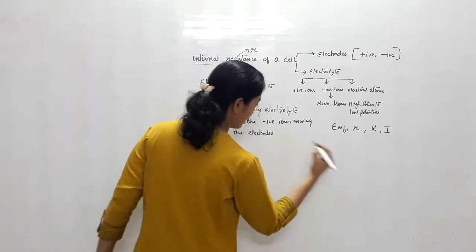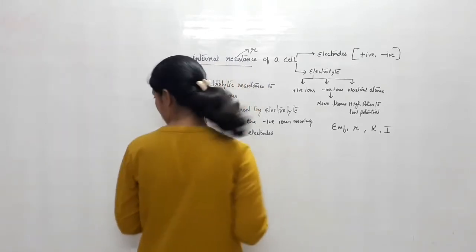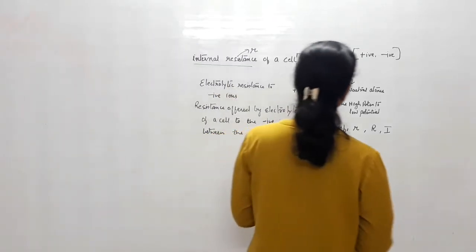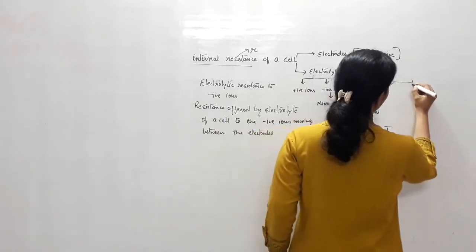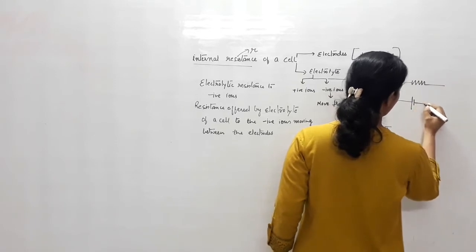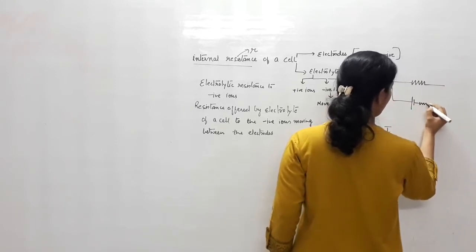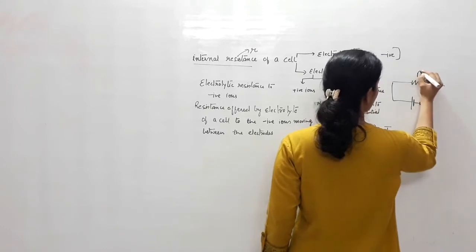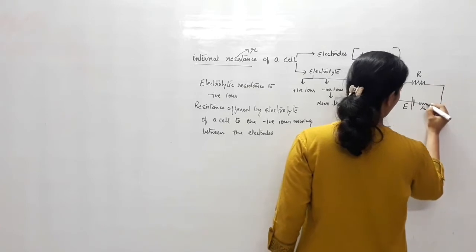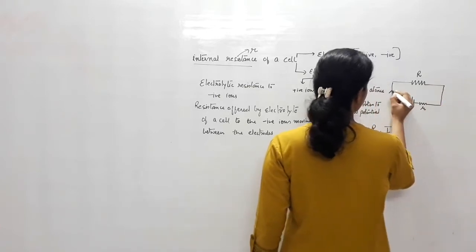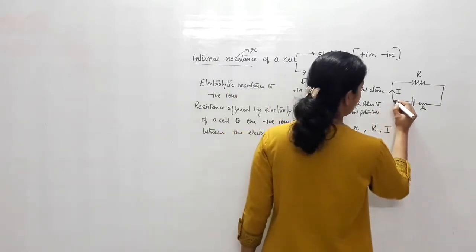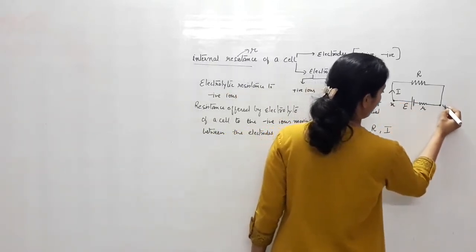So let us take the example of a simple cell, where we have an external resistance connected to a cell. This is the external resistance R, the cell has internal resistance r and EMF E, and this is the circuit. Let us say I is the current flowing in the circuit. I will define 2 points. I will call this X and this Y.